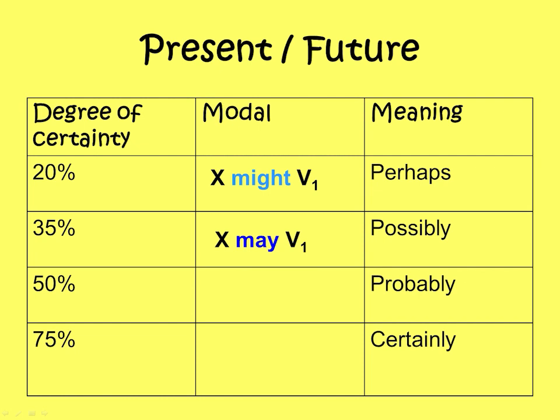If you say could, it is once again stronger, higher in the degree of probability, 50%, probably. Must and can't express certainty, so certainly we cannot be 100% sure because this is life. It's just about 75 to 80% degree of certainty.